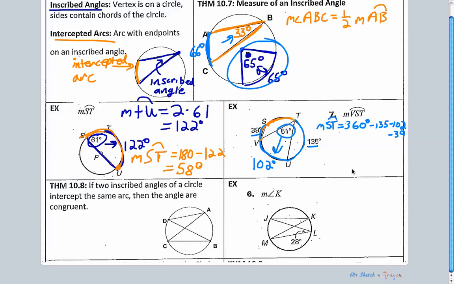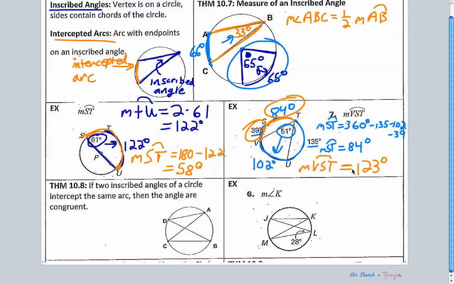Because I'm taking the whole circle and subtracting everything out, when all shakes out, the measure of ST is going to be 84 degrees. So I know that this is 84. That means finding the measure of VST is pretty simple. I'm going to take 84 and add it to 39, and when I add those two things, VST is 123 degrees.